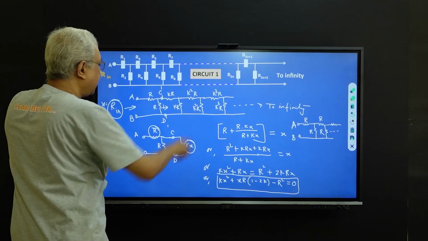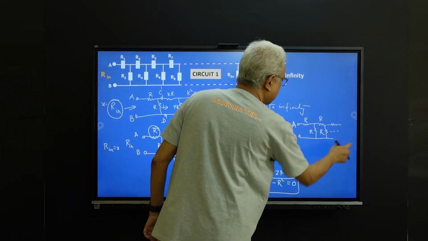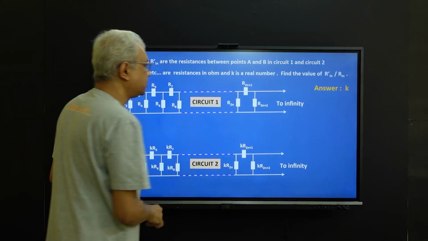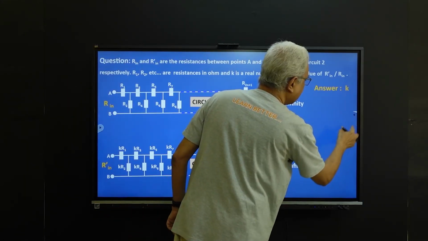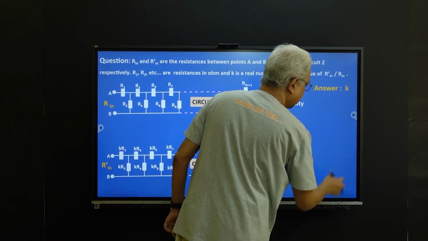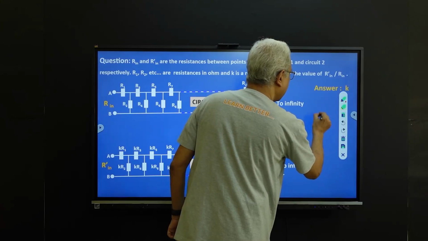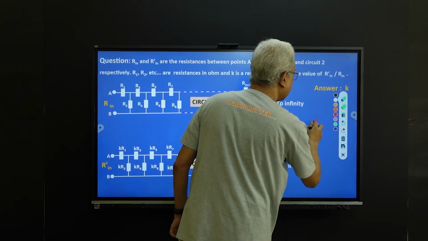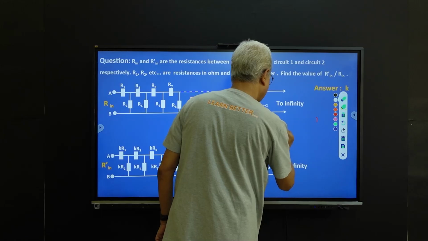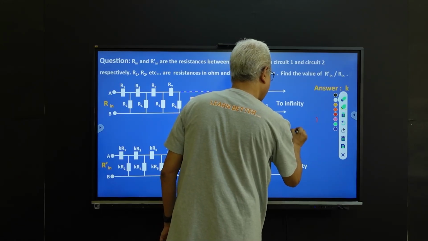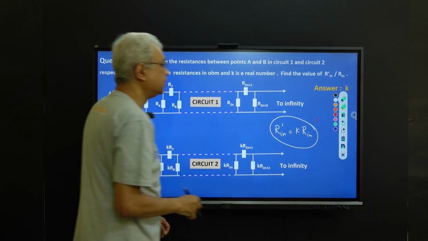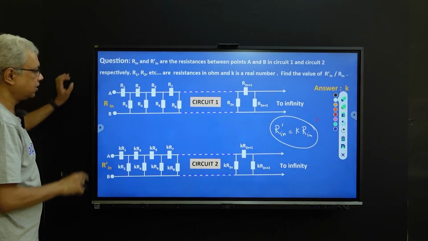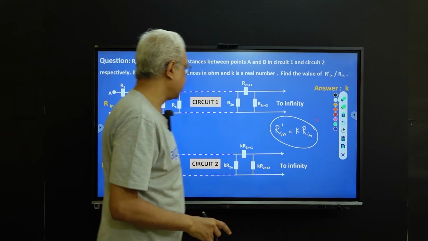So this is the generalized ladder network, and we have seen that R in dash is actually K times R in. This is a very important result for resistive networks. R in dash equals K times R in.